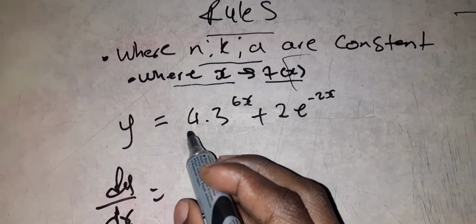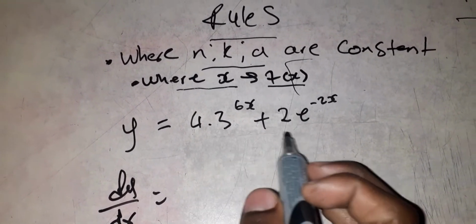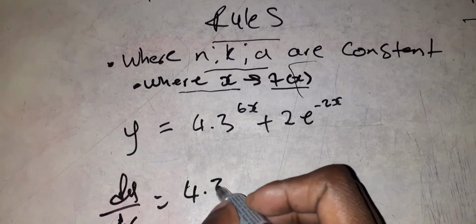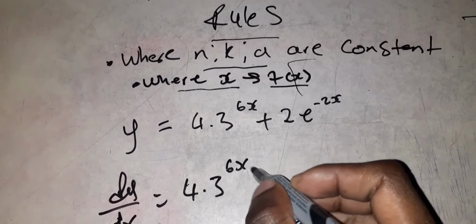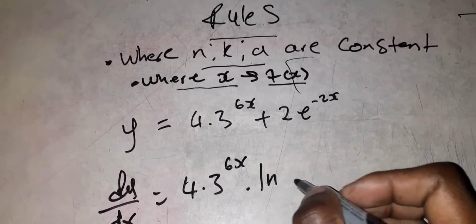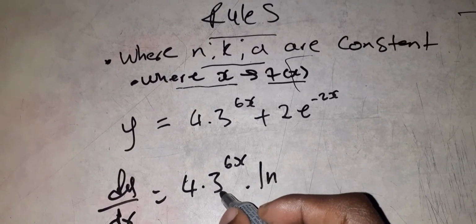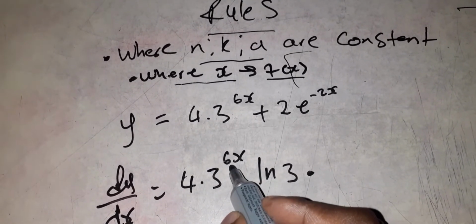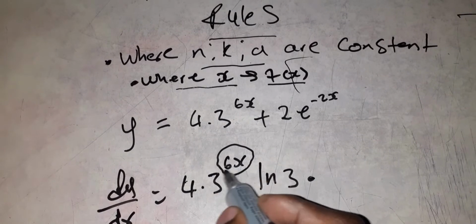If we are given a question like this and we are asked to differentiate, we'll do it like 4 multiplied by 3 to the power of 6x. Then remember we said that you must say ln of a. Your a in this case is your 3, so it's going to be ln of 3. Then I said we multiply by the derivative of f of x.